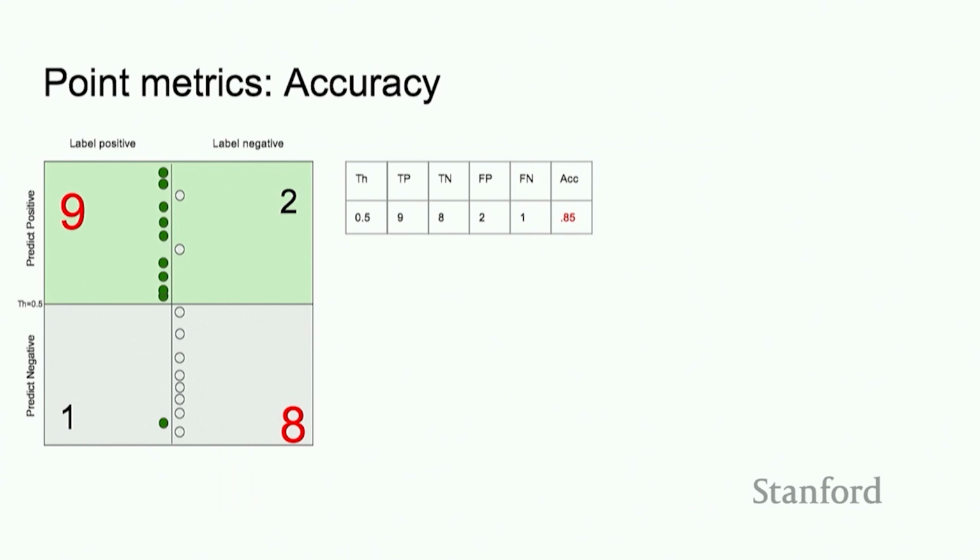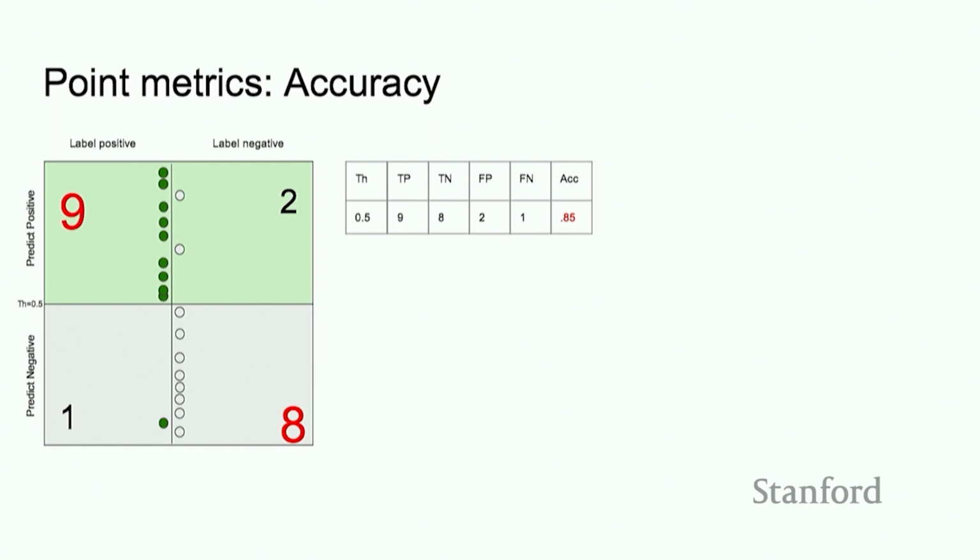Another metric is accuracy. Accuracy is the fraction of all the examples, no matter what class they were, that we predicted right. Accuracy is generally the trace of the matrix divided by the sum of all the elements.